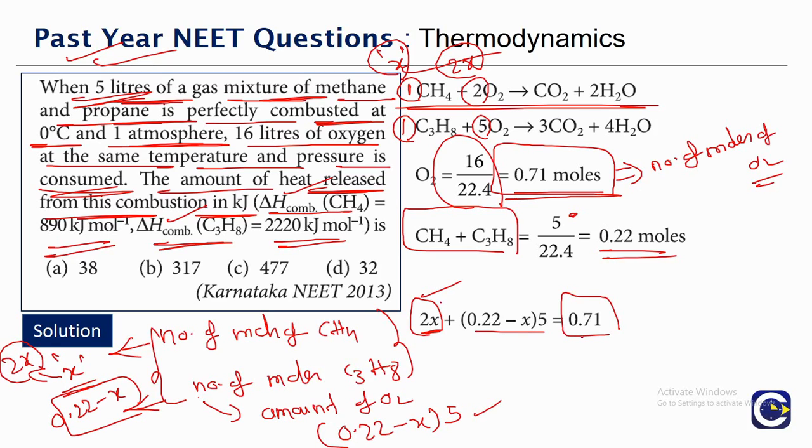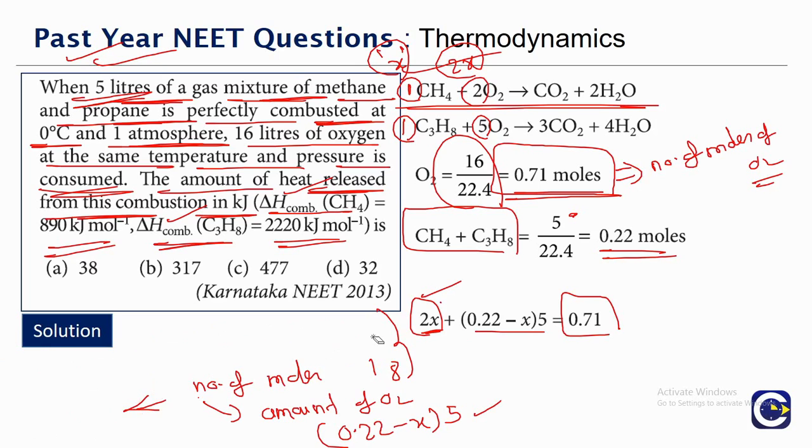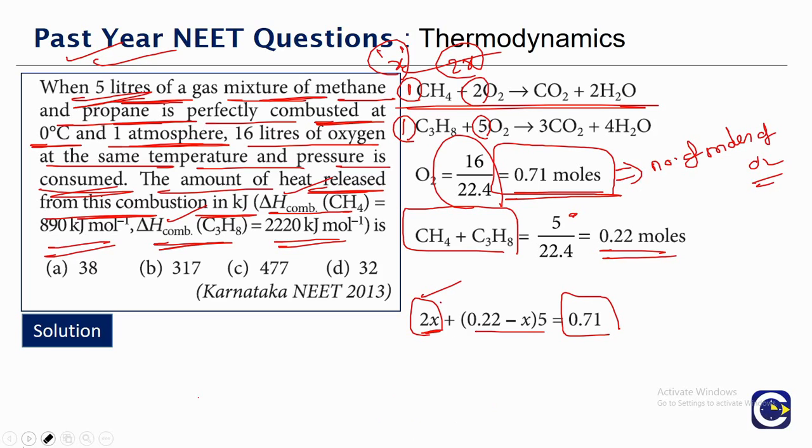Now what do we do? From this equation we can solve for the value of x. If we solve for x, we will know the amount of methane and the amount of propane. So how do we solve for x? Let us simplify: 2x plus 0.22 into 5, which is 1.1, minus 5x is equal to 0.71.